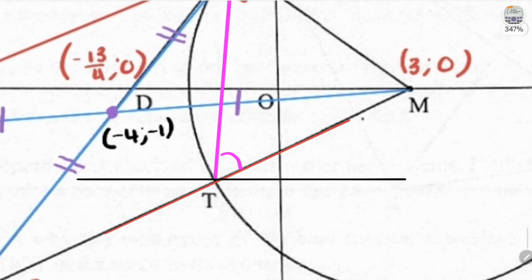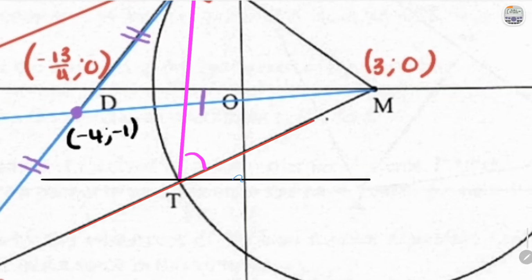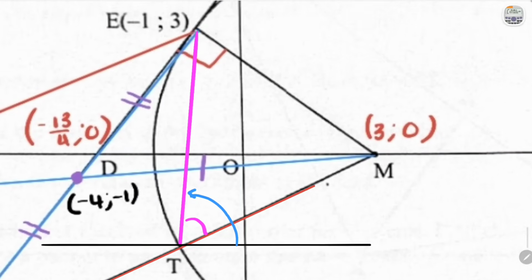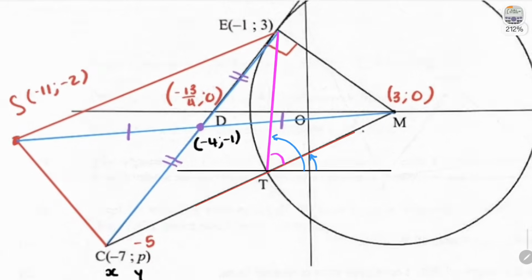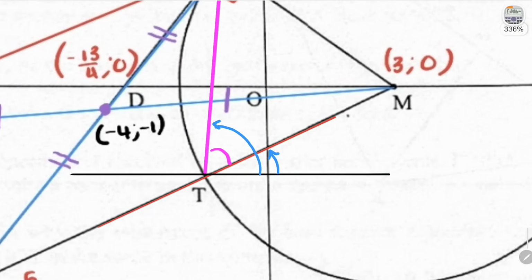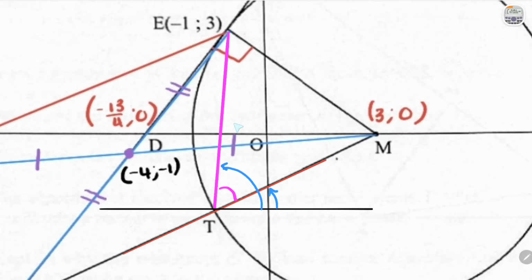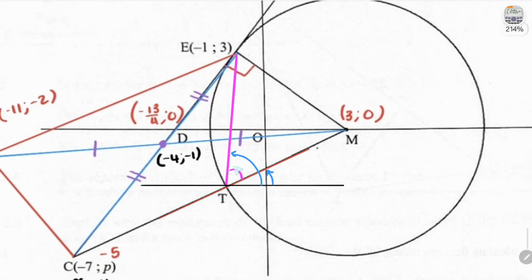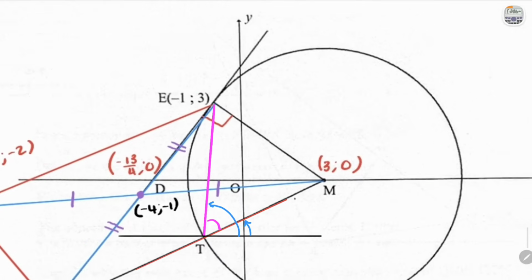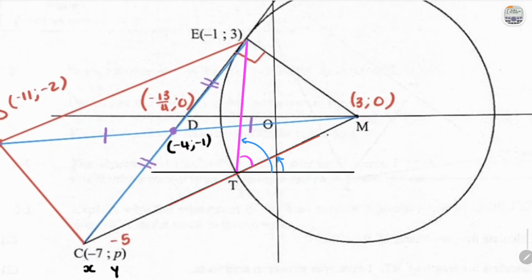To understand how this angle was created, you'd have to find the angle of inclination of this line ET, and then the angle of inclination of this line CM, which is not a problem. The only problem is finding the angle of inclination of ET, because we know what E is, but we don't know what T is. If we found T, we'd be able to find that angle of inclination. So that is one way to deal with this.